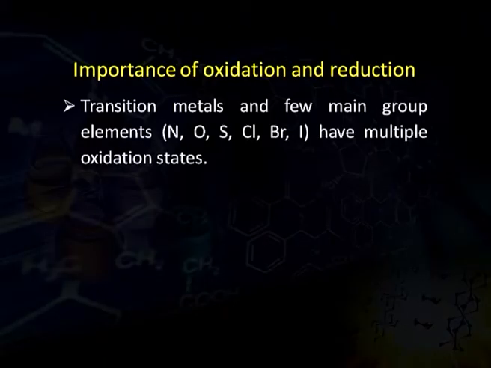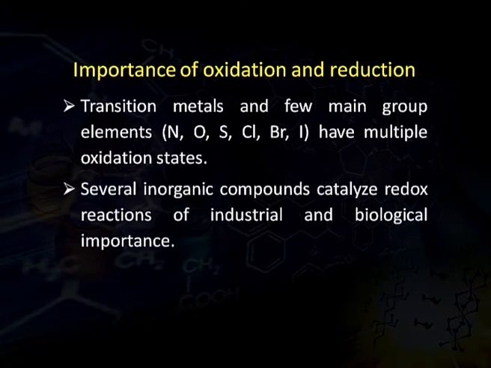The importance of oxidation and reduction process. The transition metals and a few main group elements like nitrogen, oxygen, sulfur, chlorine, bromine and iodine, the halogens, have multiple oxidation states. The oxidation states for the transition metals range from +2 up to +7.